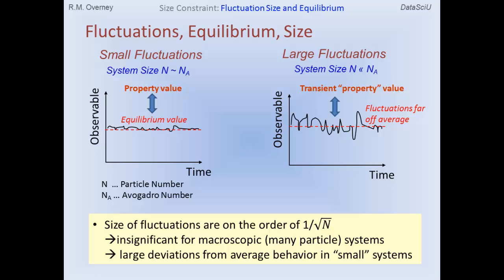As such, the average of the observable of a large-scale system offers equilibrium parameters. In small systems, however, fluctuations are large, and the mean values over time do poorly reflect the actual values of the observable at a given time.